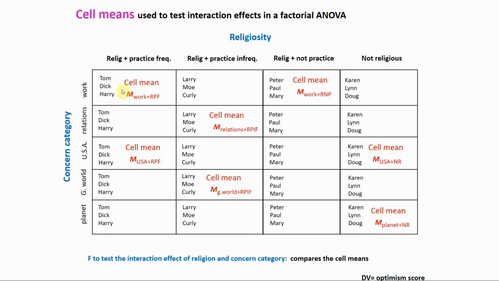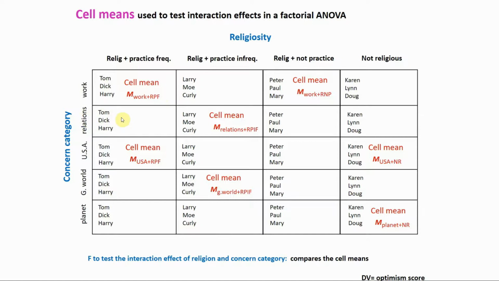Then we look at the effect of concern category, but now just within that column. Do you see the way this is going? If we were looking at the rows, we would be comparing the different means of religiosity, but only for the work category. Similarly, we would then compare the means of religiosity, but only for the relationship category.